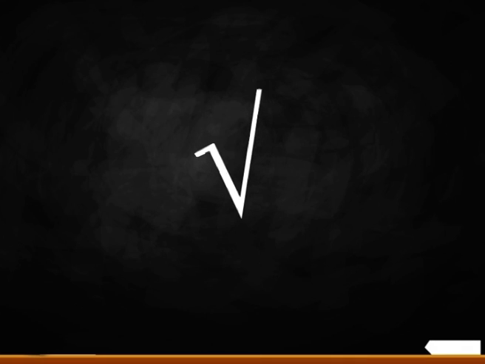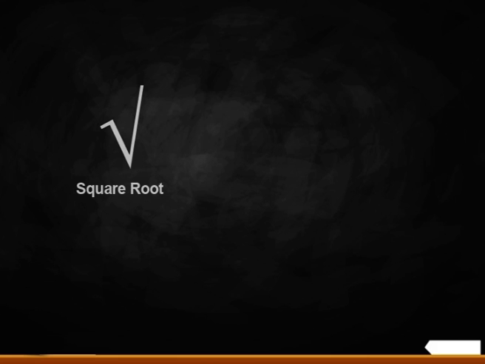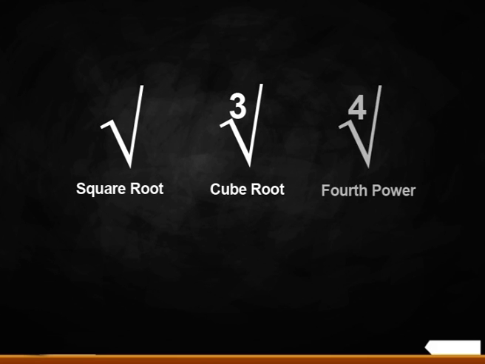Let us start with this symbol. Do you know for what purpose this symbol is used? This symbol is used to find the root of different powers. For example, square root, cube root, root of fourth power, and many more.